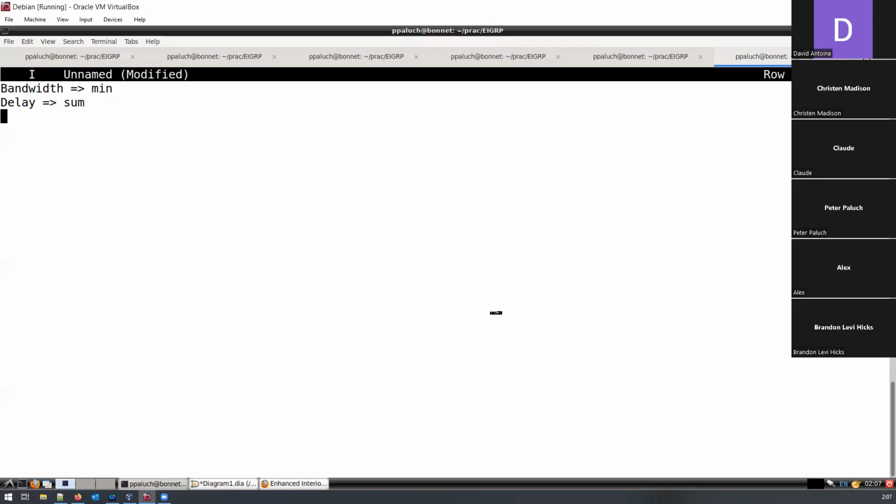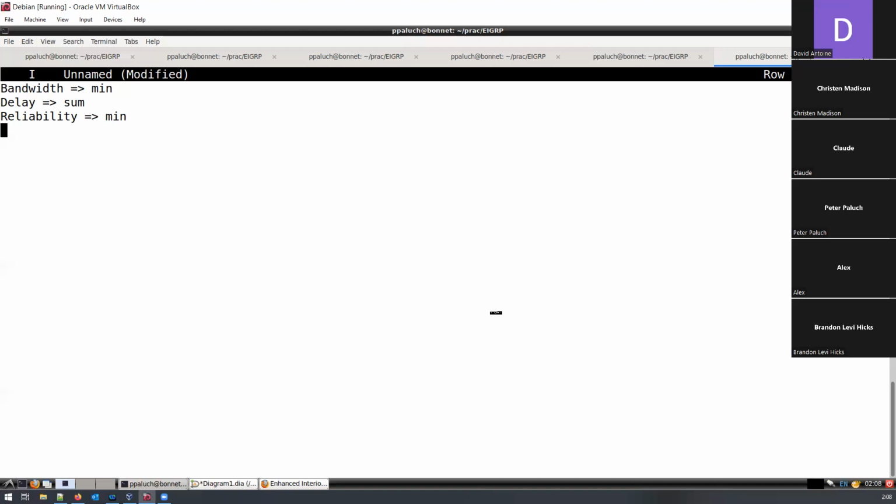The third parameter it takes into account is called reliability. This is a parameter that is dynamically estimated by Cisco iOS on interfaces. And it looks at the ratio of correctly received packets versus all received packets. That's the reliability.